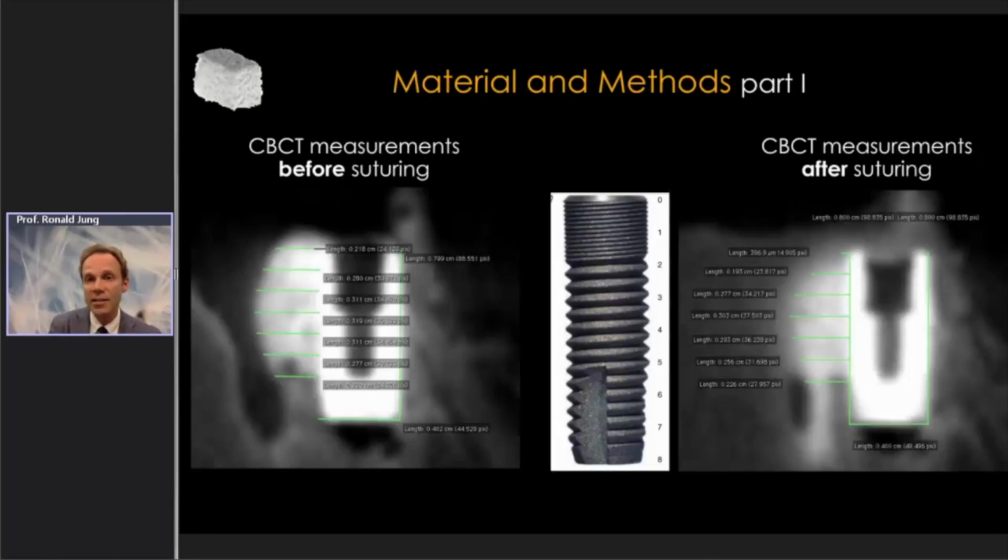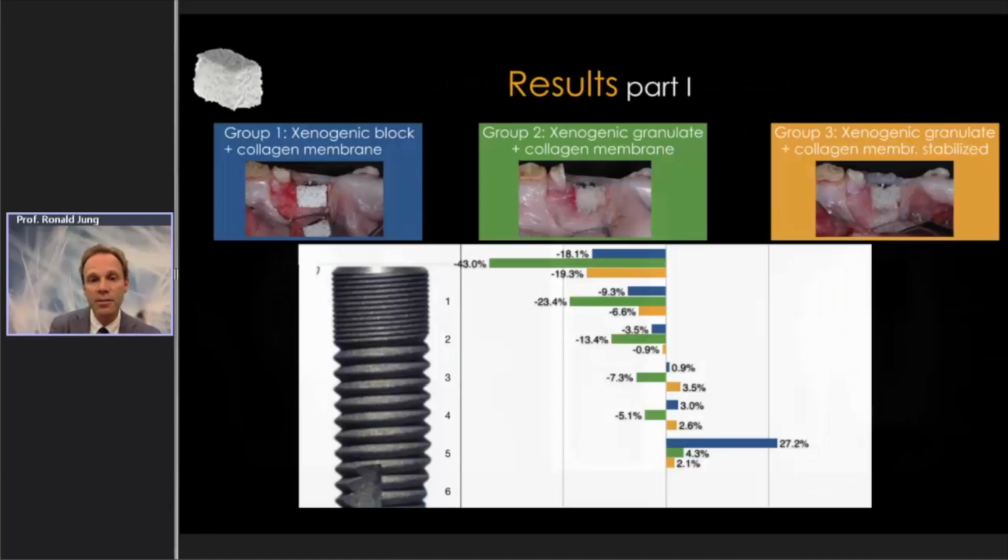When we look at the xenogenic bone block and the collagen membrane, it lost 18.1% after flap closure. And when we look at the technique which is mainly used, the xenogenic granules covered with the collagen membrane without any additional membrane fixation system, we can lose 43% of the original volume achieved just after the GBR procedure, before I close the flap.